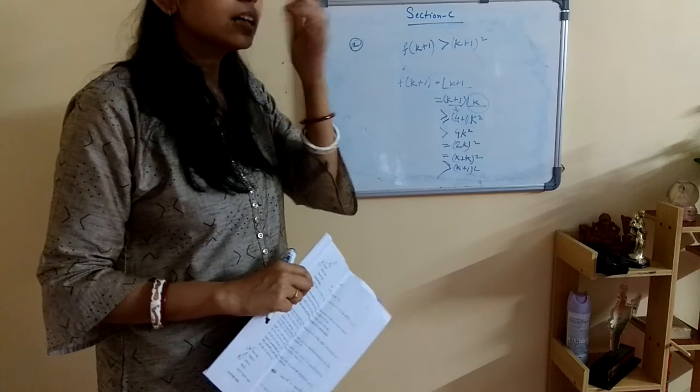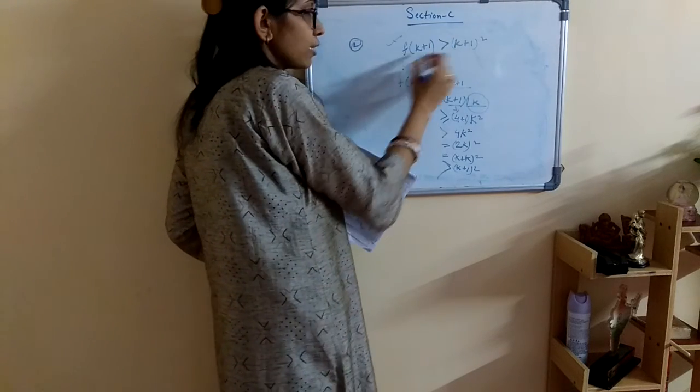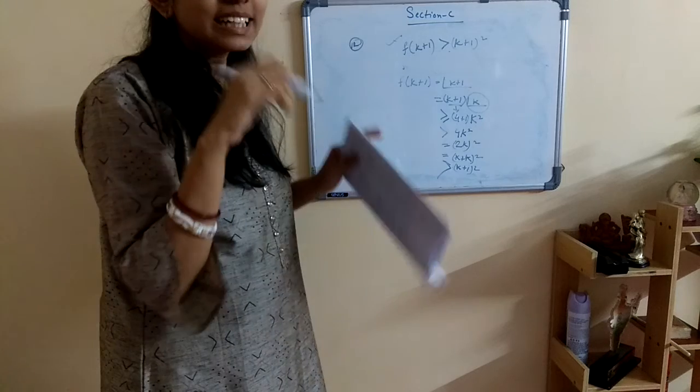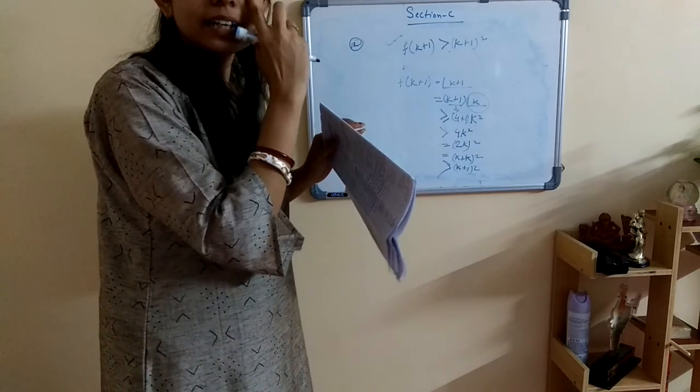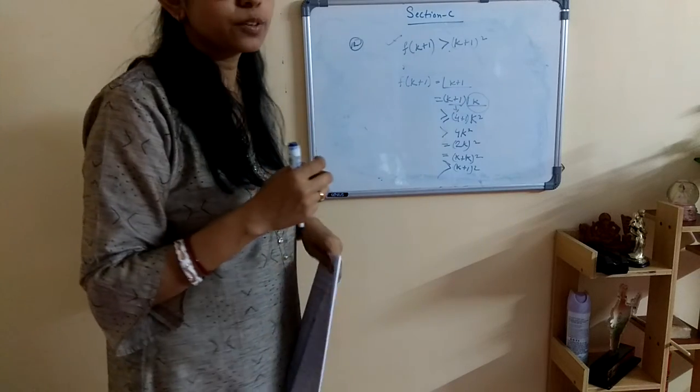So, as we have proved that for k it is greater, that factorial k is greater than k square, for k+1 also it is greater than (k+1) whole square.